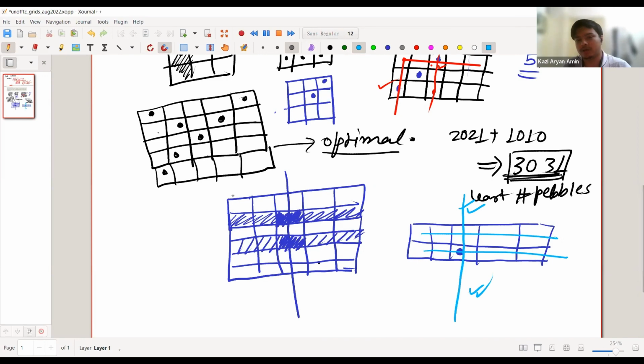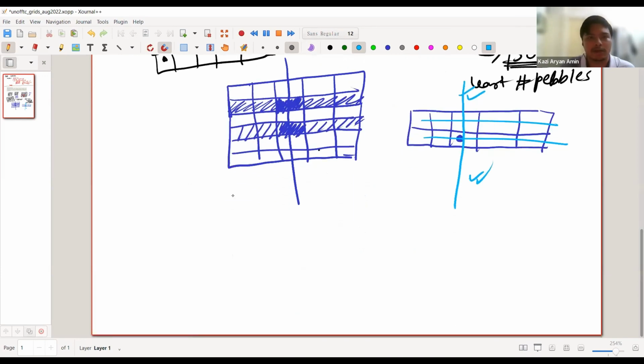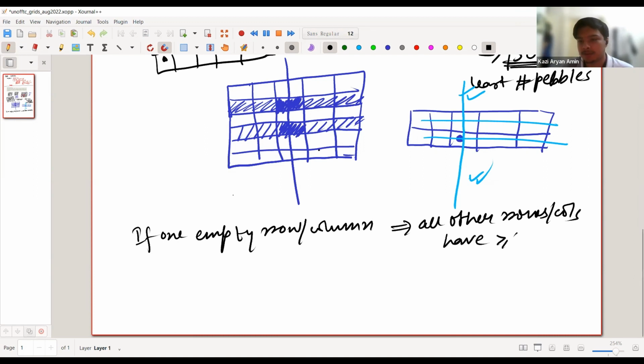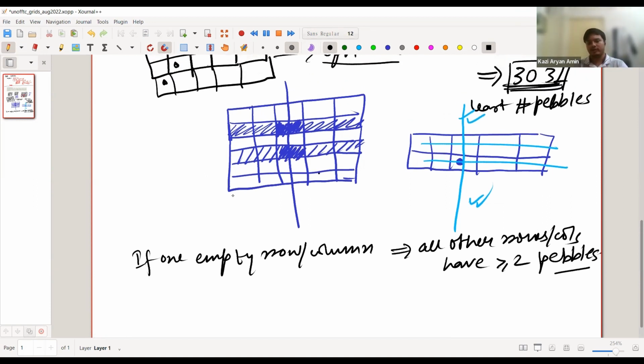So this does not work out, and this gives a claim: if there is one empty row or column, all other rows have at least two pebbles. Do you understand where the claim comes from? Is it clear to everyone?